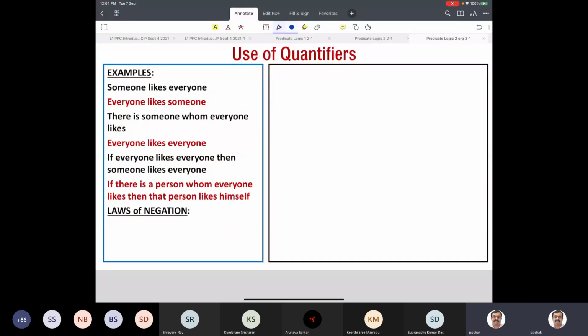Let us assume that I have a predicate likes(x, y) to denote x likes y. Now please start writing F1. What is F1?